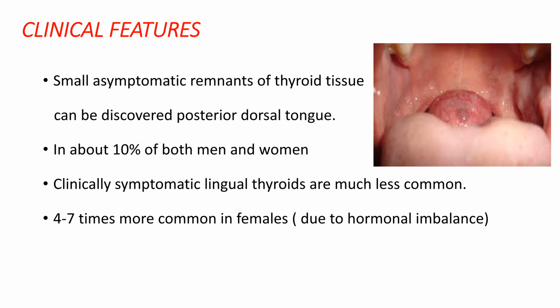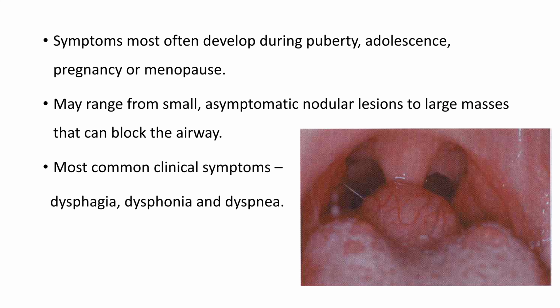Clinically evident or symptomatic lingual thyroids are much less common and 4 to 7 times more frequent in females because of hormonal imbalance. In symptomatic patients, symptoms most often develop during puberty, adolescence, pregnancy or menopause.